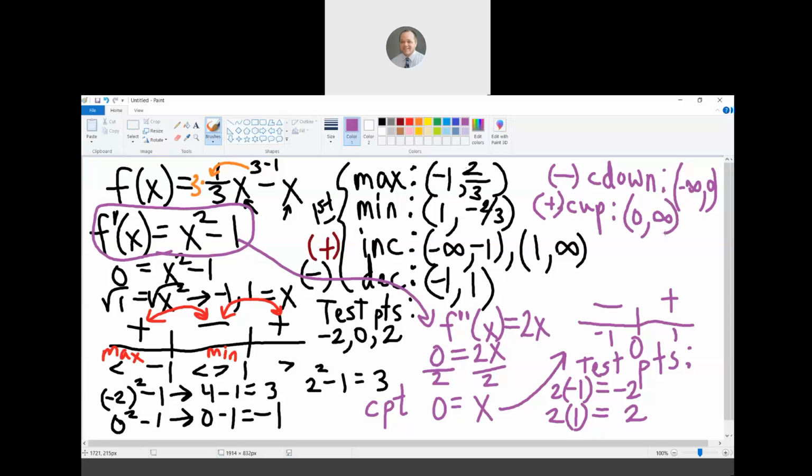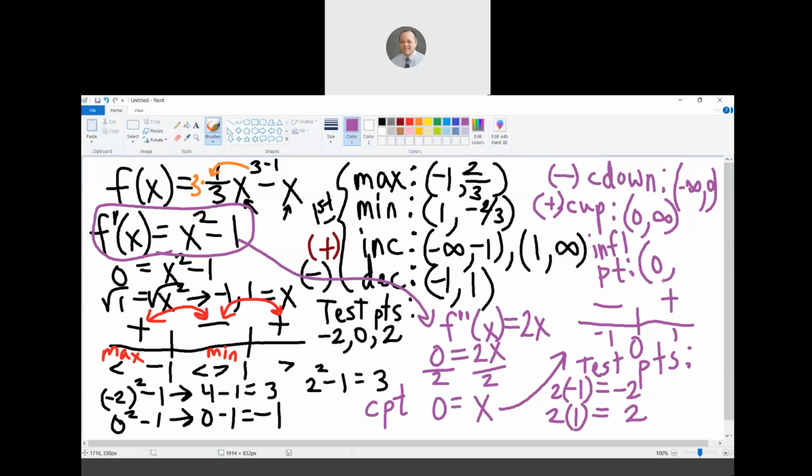Now for this problem, there is an actual inflection point. Anytime you have a sign change on your number line, and it can be from negative to positive or positive to negative, that indicates an inflection point. So we have an inflection point at x equals 0.